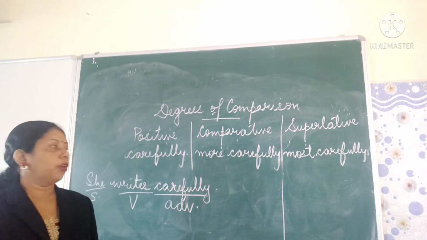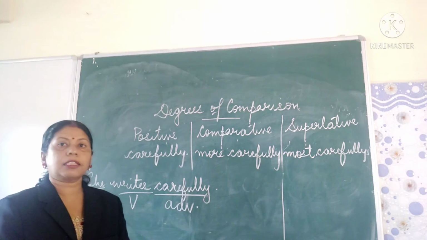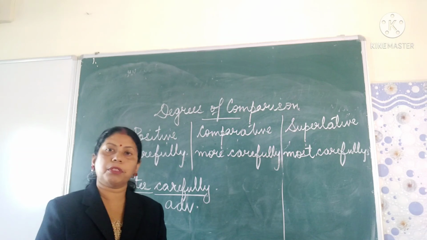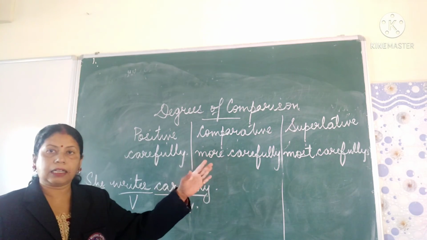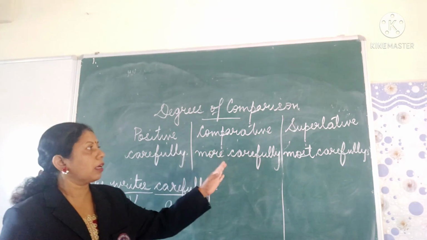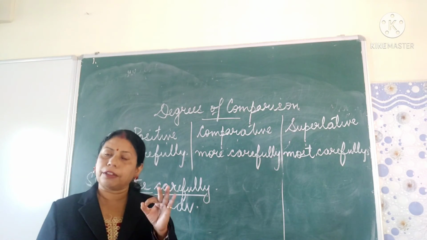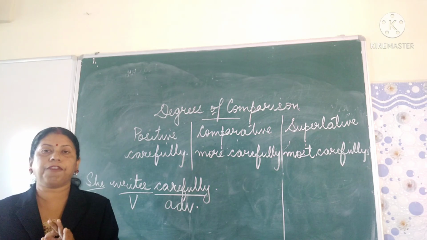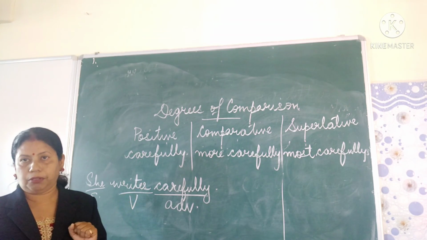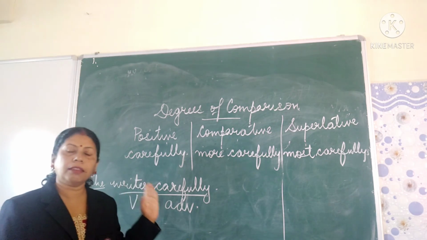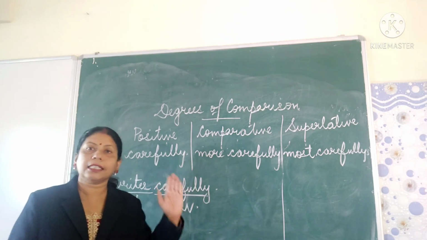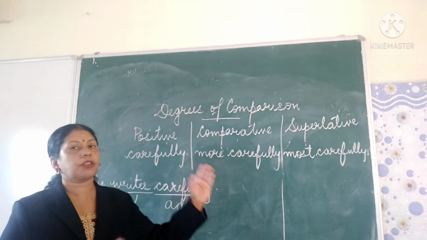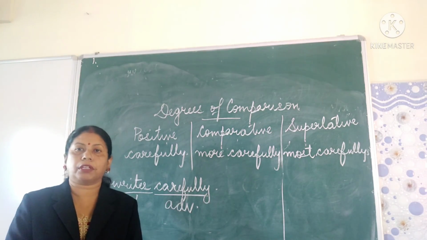This is how we can frame adverbs in the different degrees: positive, comparative and superlative. But the first and foremost thing is that we have to identify our adverb, and then we can easily change that into a comparative or superlative degree.